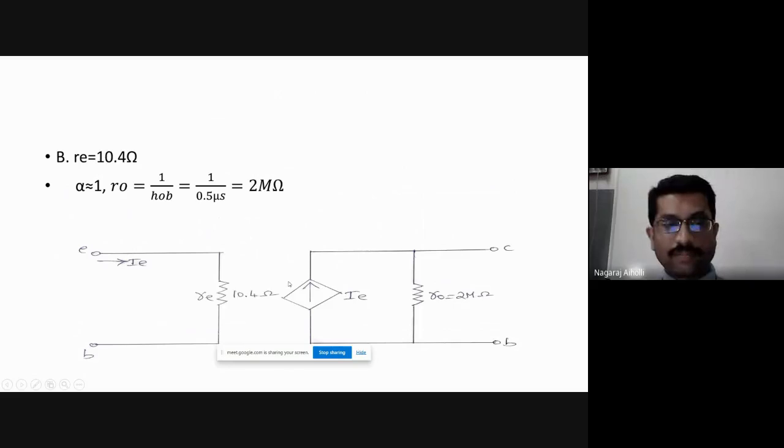The value of IE is already given. We are supposed to find out RE and R naught. First note down this RE model for the common base configuration. Note down quickly.